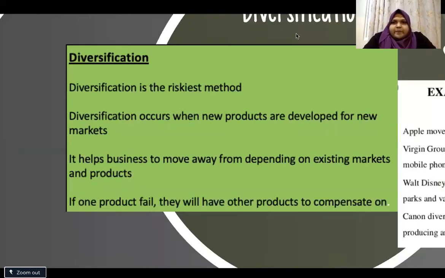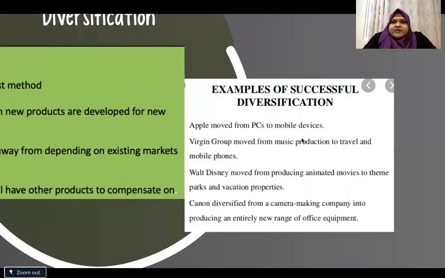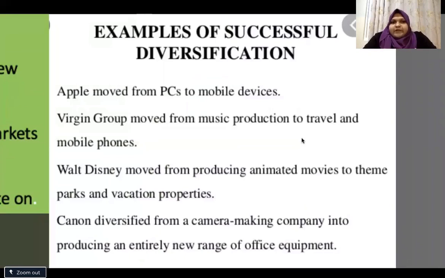or not. Now, examples of successful diversifications. Apple was originally producing PCs, personal computers, but now they are more into mobile devices. Virgin Group moved from music production to travel and mobile phones. Virgin Group is one of the bigger conglomerates, with a wide variety of diversified products.